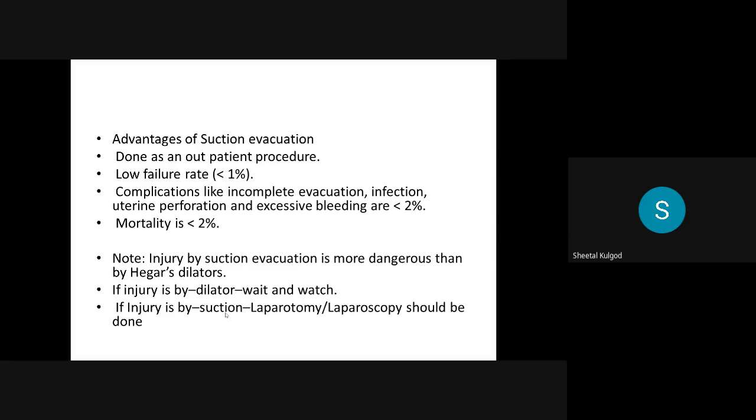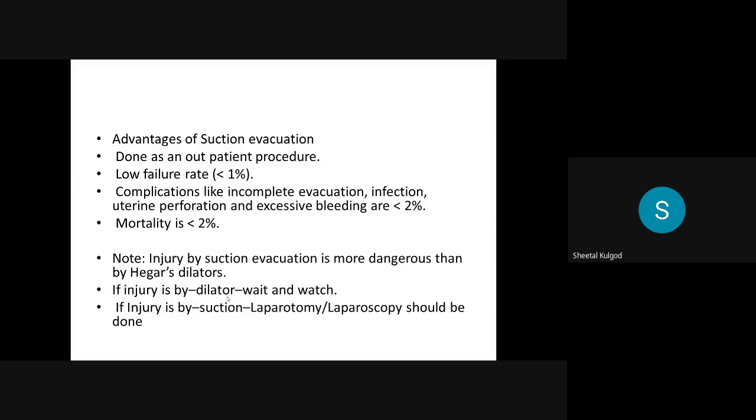But when there is a suspicion that you have injured by suctioning, then you definitely have to check with a laparotomy or laparoscopy, after, of course, an ultrasonography, because of possible damage to the uterine wall, that is perforation by the suction cannula. When you use suction, there are more likely chances of actually injuring the bowel and other structures in the abdominal cavity.